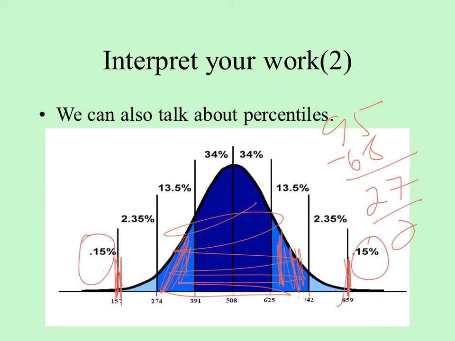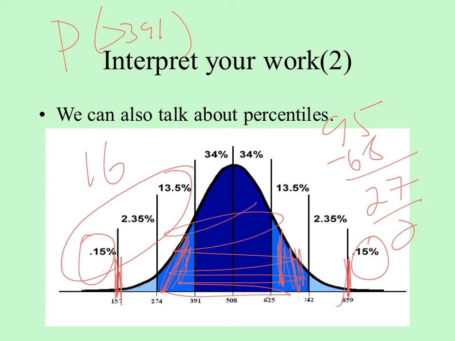So if I were to ask you what percent or what probability, we could talk about probability, we talk about these as a percentage, what percent of all high school students this year, the year they took it, scored better than 391? Well, a couple of ways to do it. I could add up these, which adds up to 16, so better than 391, I said.